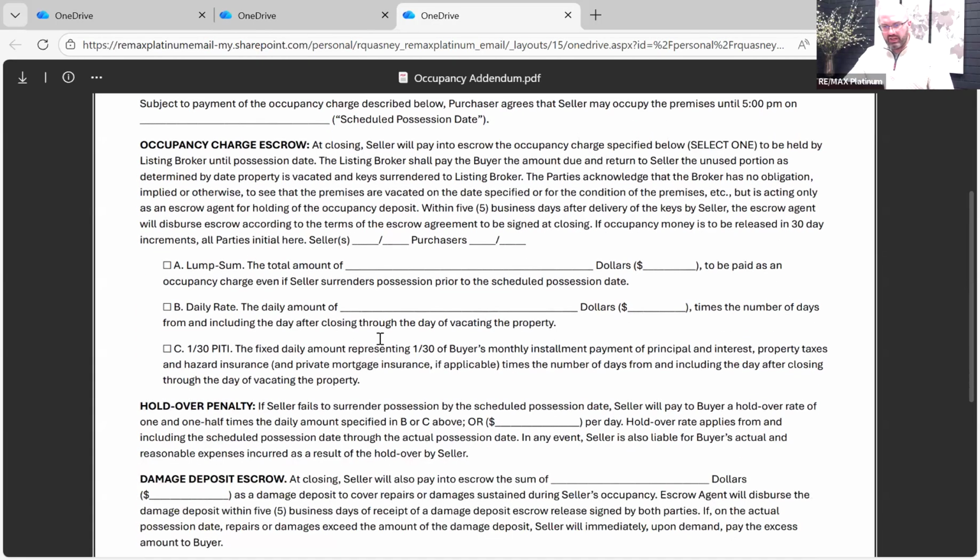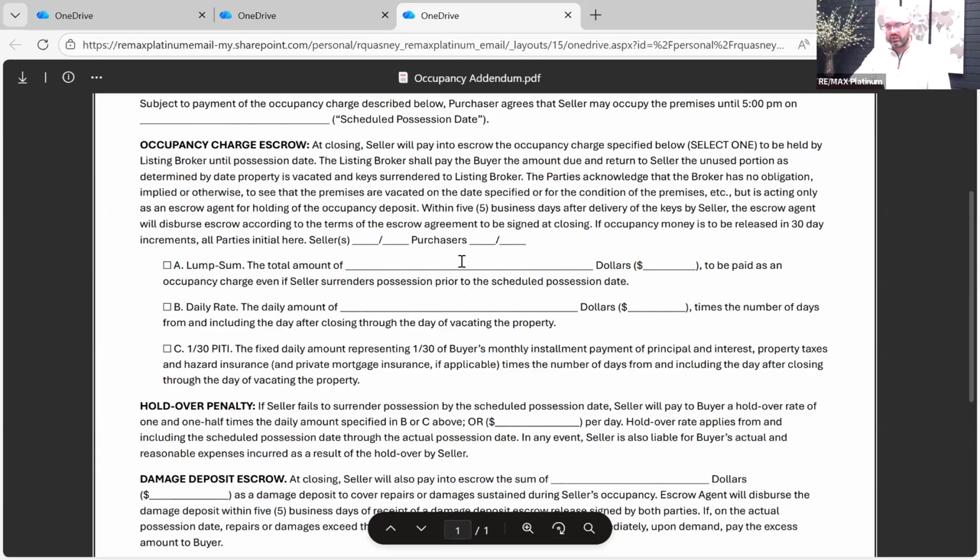All right, so then here you have the three different ways you can charge for occupancy. They each have their pros and cons. Lump sum, so the total amount of blank to be paid as an occupancy charge, regardless of how long they stay. So if the buyers feel that, okay, just by not having possession of the house, they have to make another payment on their mortgage, and so they just want a flat 2,000, whether the seller moves out a week or up to 30 days later, or whatever, the deadline is up here.